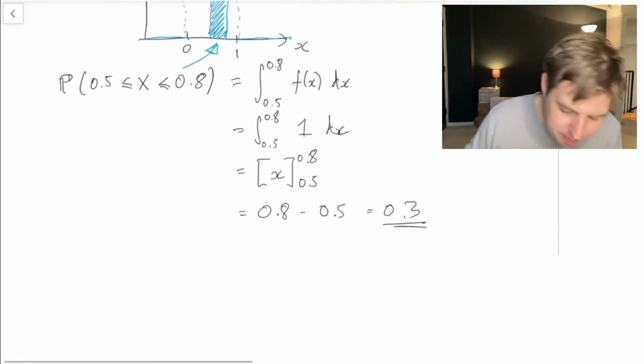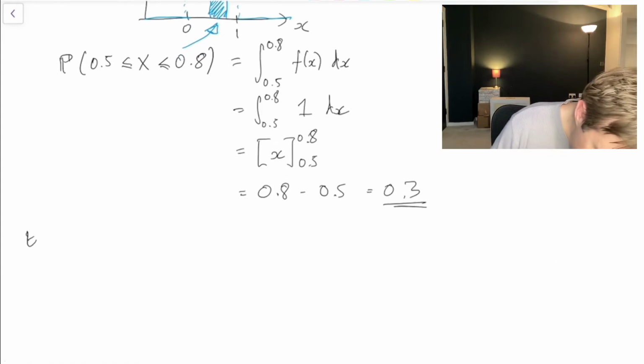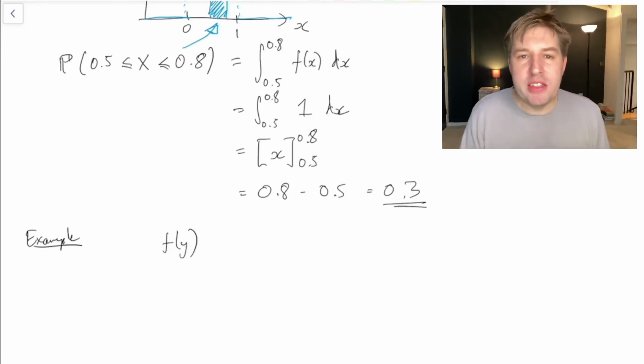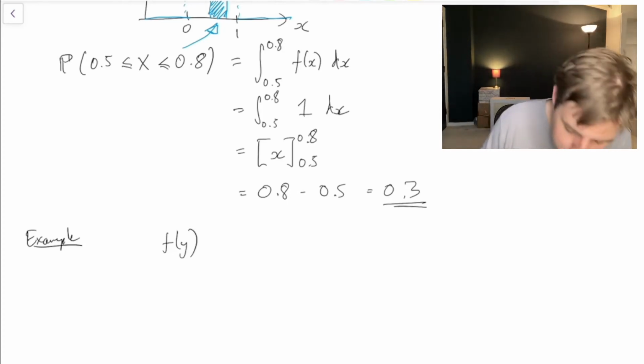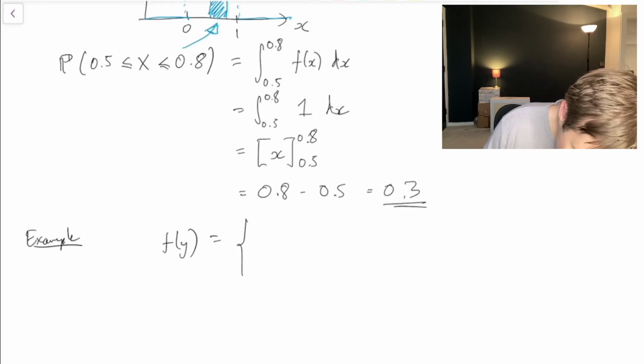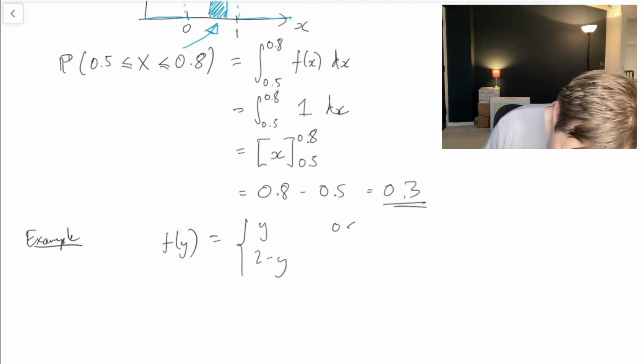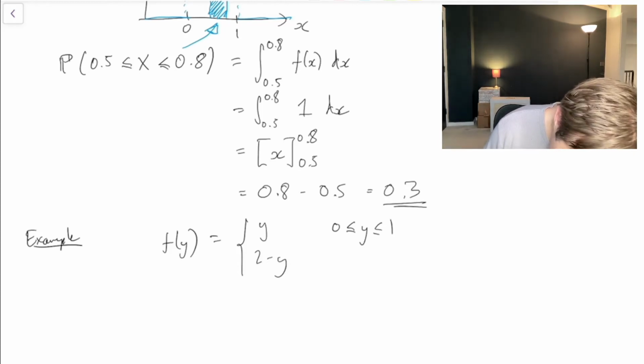Okay, how about another example? This time, let's call it y to keep it separate from the x before. And here it's going to be equal to y if y is between 0 and 1, 2 minus y if y is between 1 and 2, and 0 otherwise.